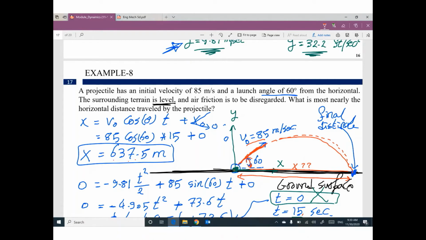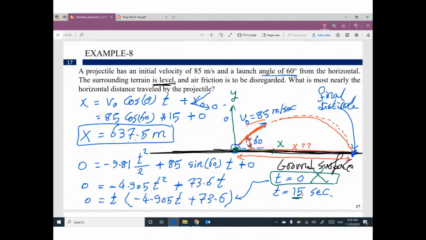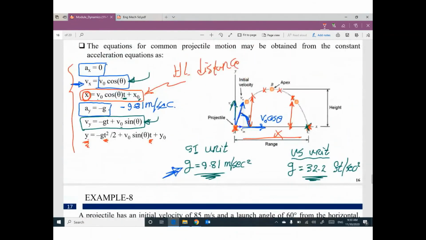So what do you think? It's very easy. Just keep these equations in your mind. I believe most of the problems will be started with this equation. Why? Most of the problems will be given 0 or something else for y.